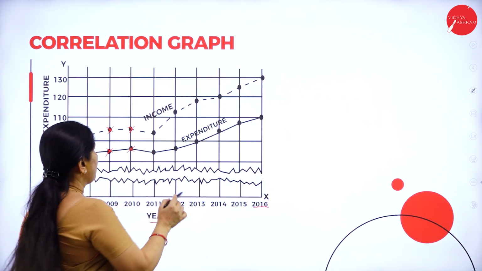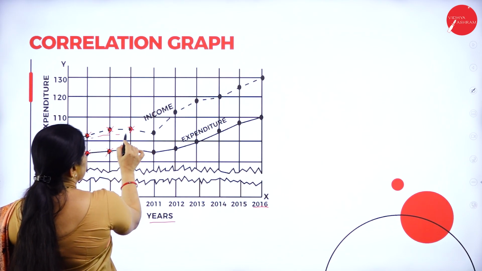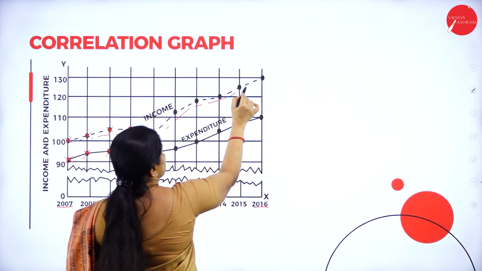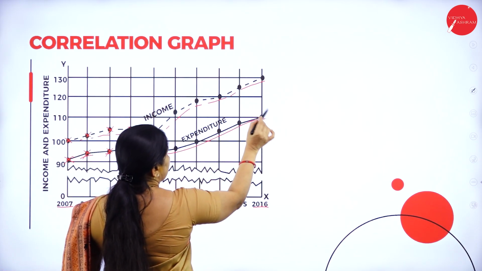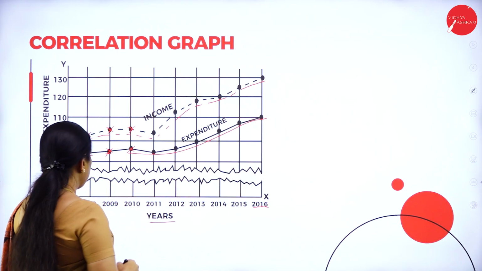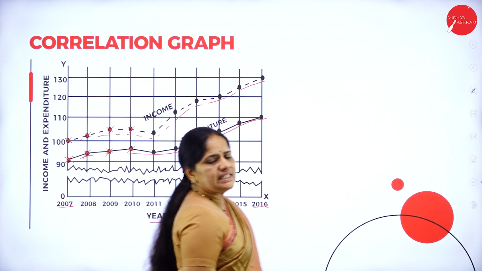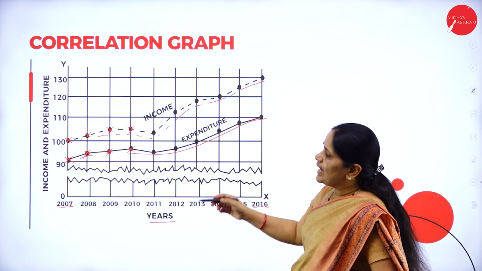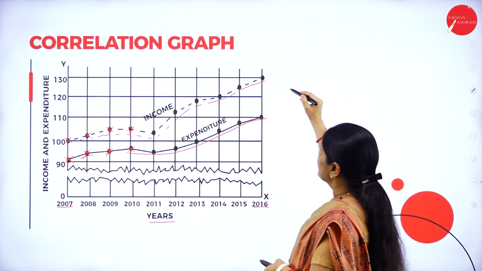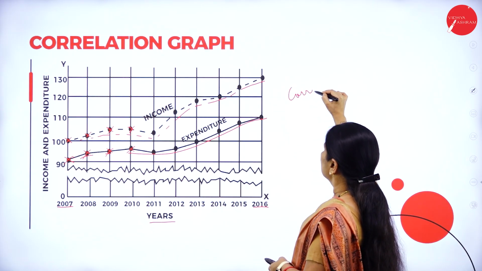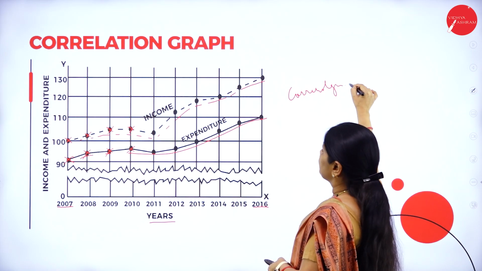If you keep on plotting, we get this curve, which is the income curve, and this is the expenditure curve. In this way, the correlation values are plotted on a correlation graph, or what we call the parallelogram.